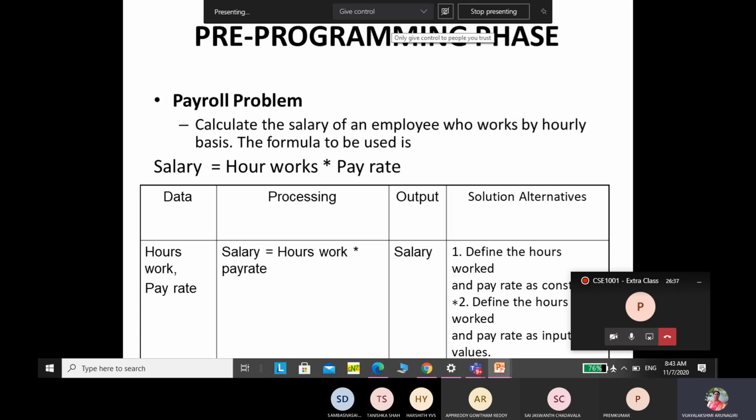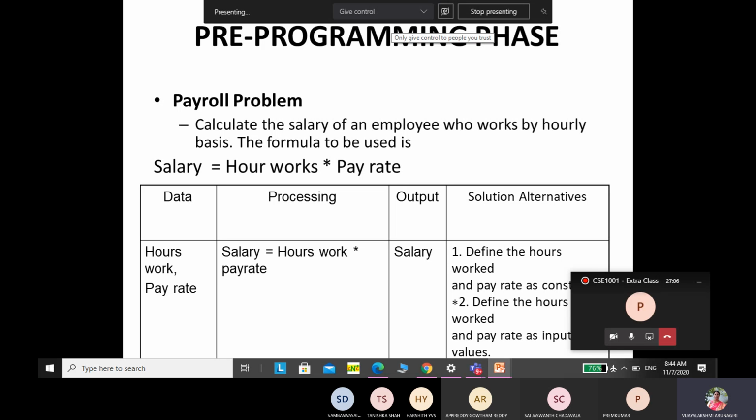We need how many hours the employee worked, as well as a pay rate. Say, for example, the employee worked 8 hours, and for each hour 500 rupees. How do I calculate the salary? 500 into 8 hours.